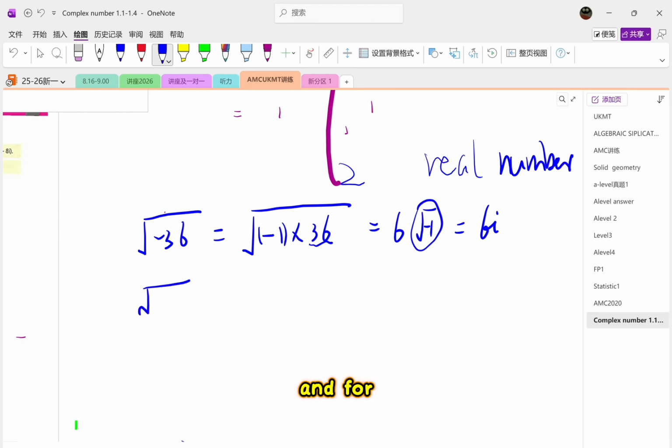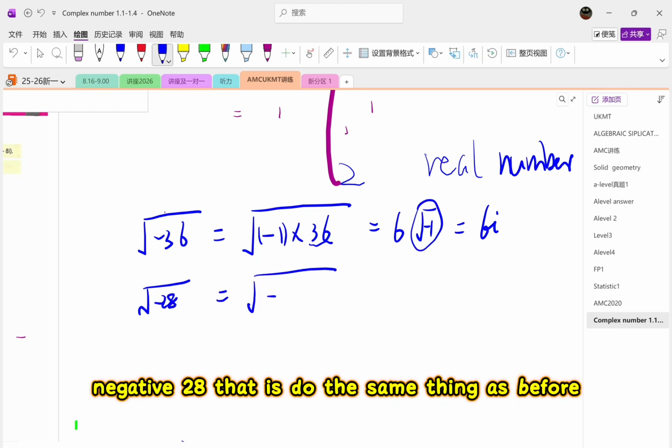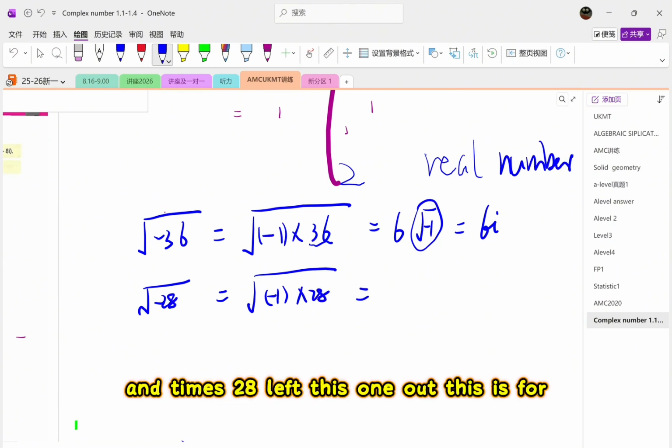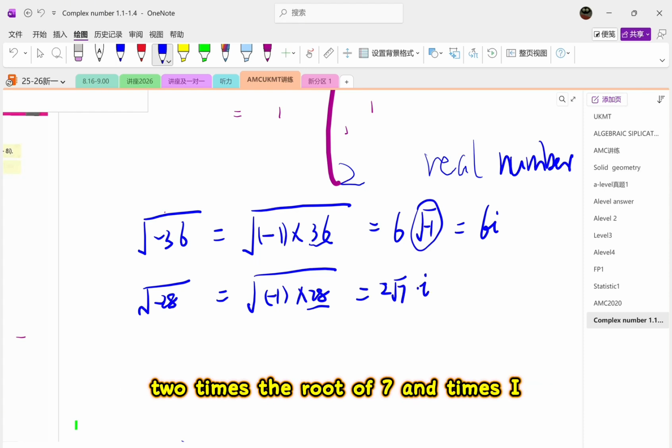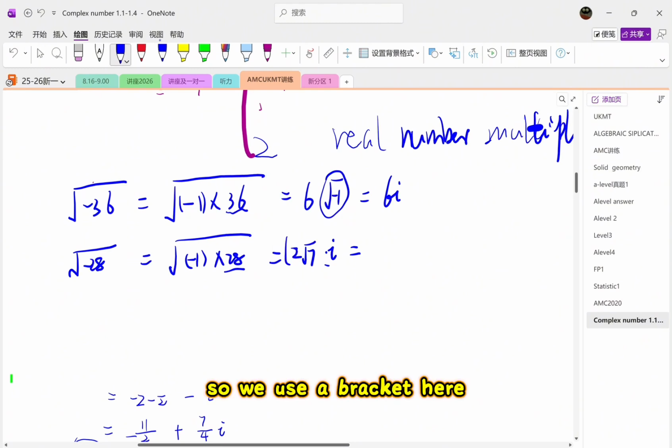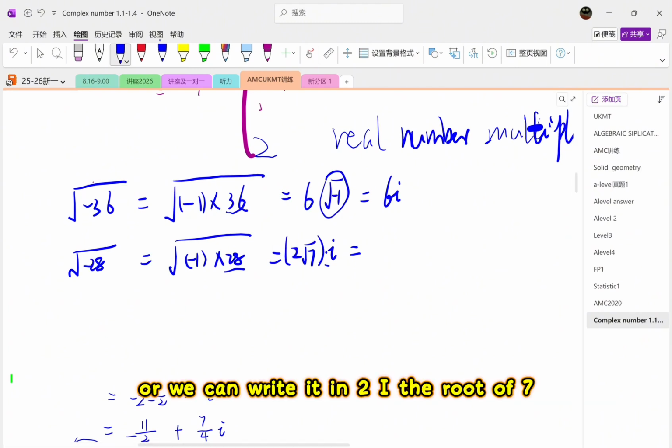And for the square root of negative 28, we do the same thing as before, negative 1 times 28. Take this one out, this is 2 times the root of 7 and then times i. So we use a bracket here, or we can write it as 2i root 7.